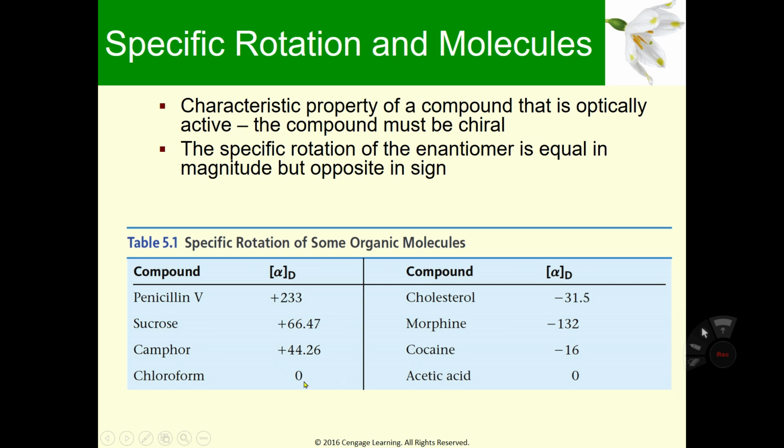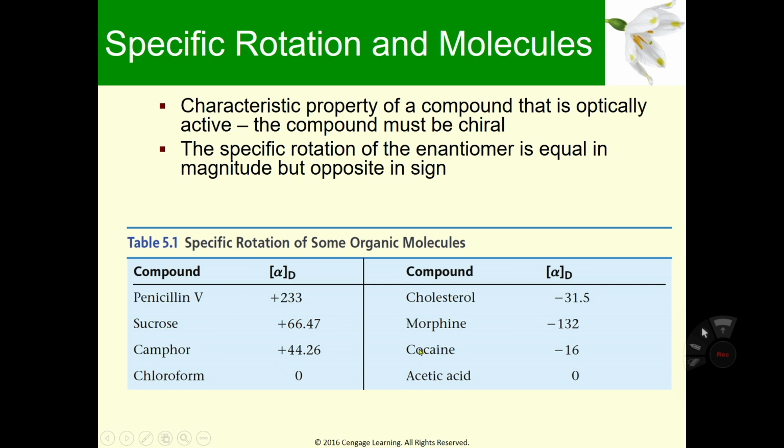Let's take specific examples of compounds. All those compounds are very well known: penicillin, sucrose, camphor, chloroform, cholesterol, morphine, cocaine, acetic acid. All these compounds are natural compounds.